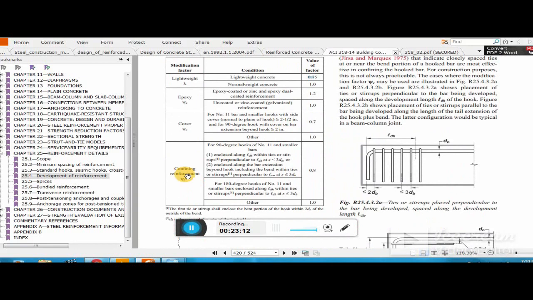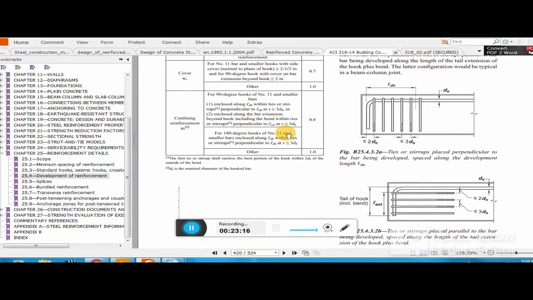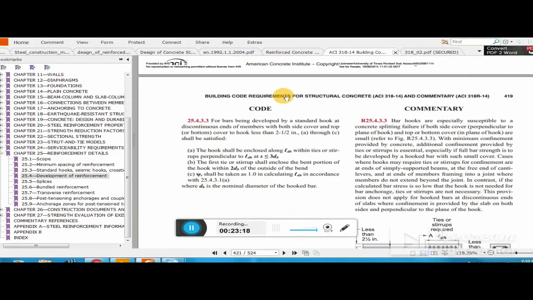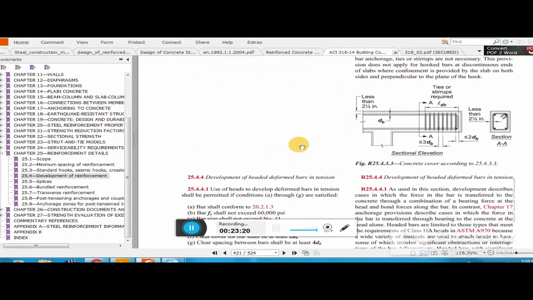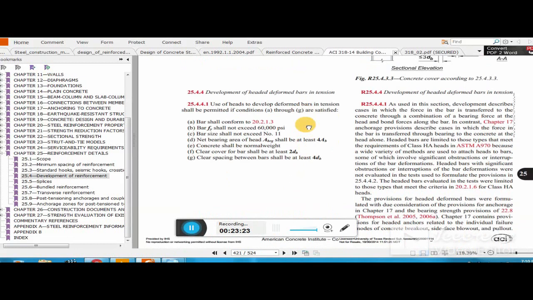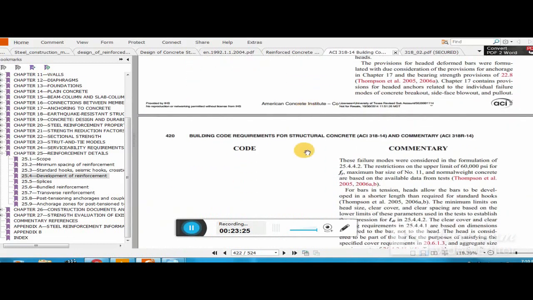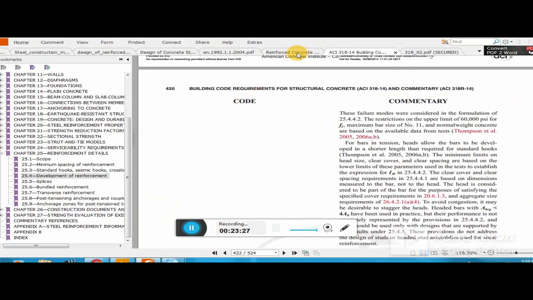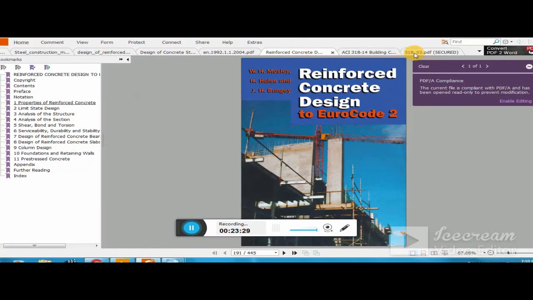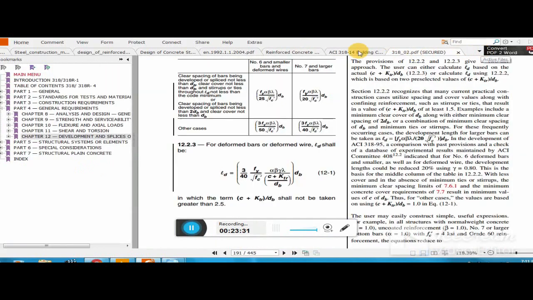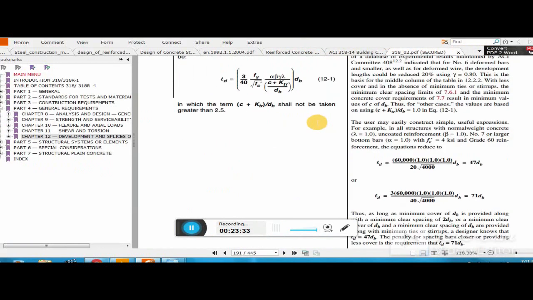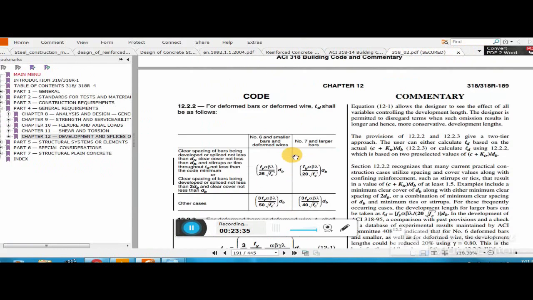Here you have a confinement reinforcement factor, clear? And I'm searching for those cases. I think they will not be provided here, but in the Nelson book, or in the Wight book, you can find those cases. There are certain cases, in 2002.